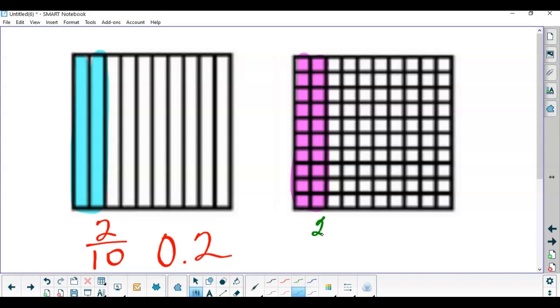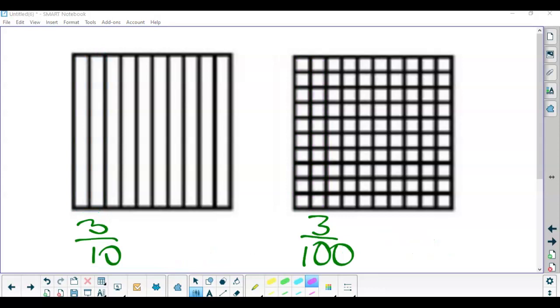Good. If you said 20 hundredths, you are correct. And again, what do you notice between the relationship of 2 tenths and 20 hundredths? Yes, they are both equal, equivalent. Good job.